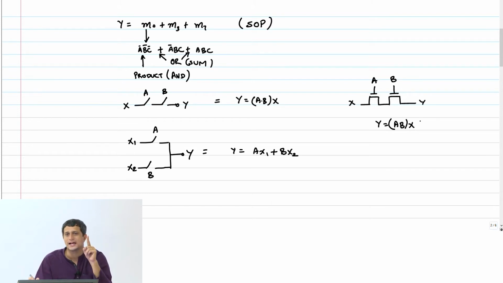The only catch here is that we already know that if X were grounded, then there is absolutely no problem. And if the signals A and B go high, which means they go to VDD, then both NMOS transistors will turn on.